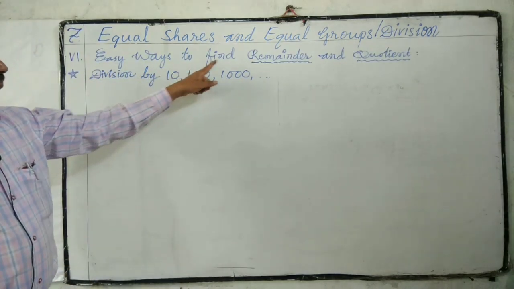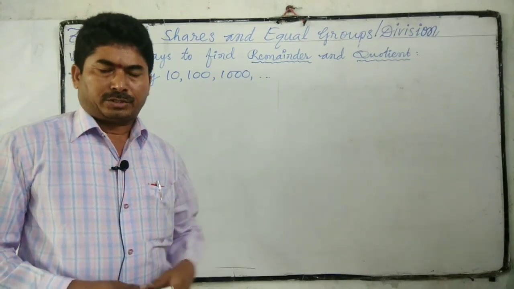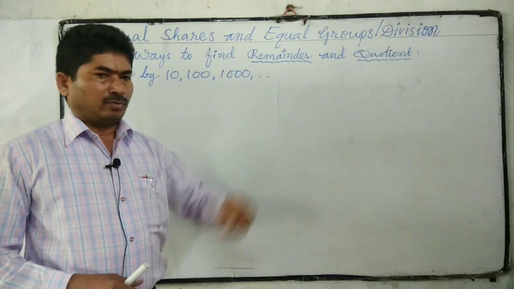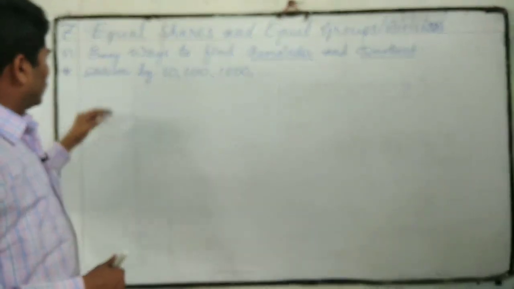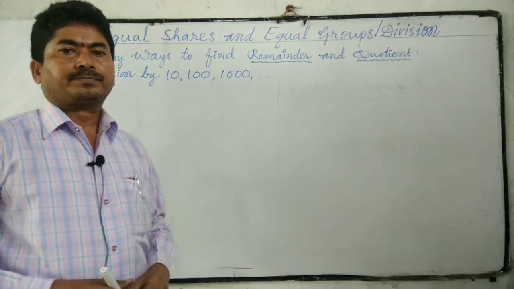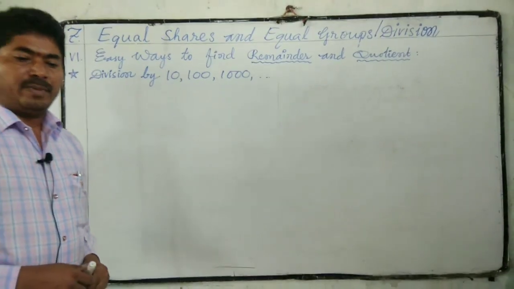Easy ways to find remainder and quotient. In this, we are going to learn division by 10, 100, 1000. Division by 10.